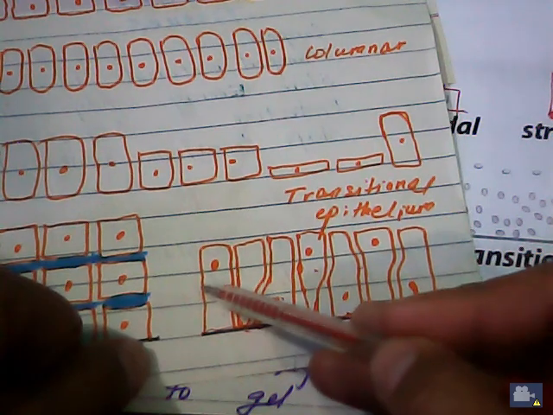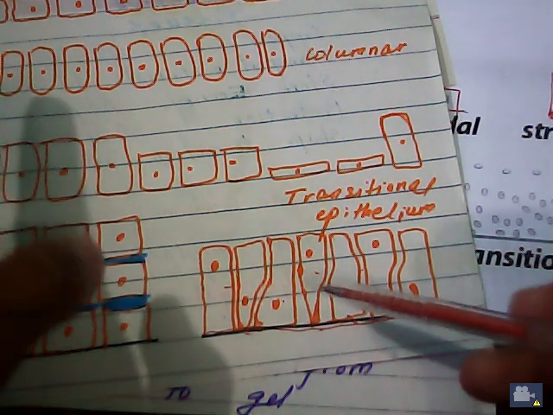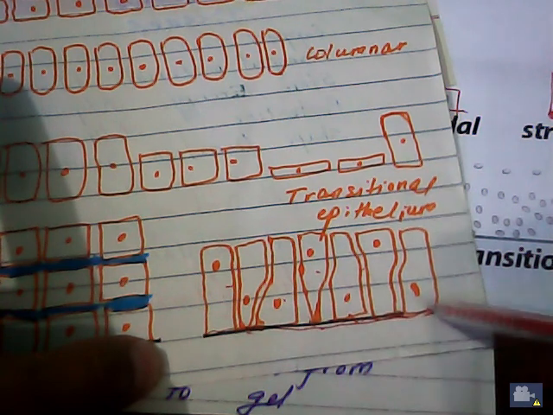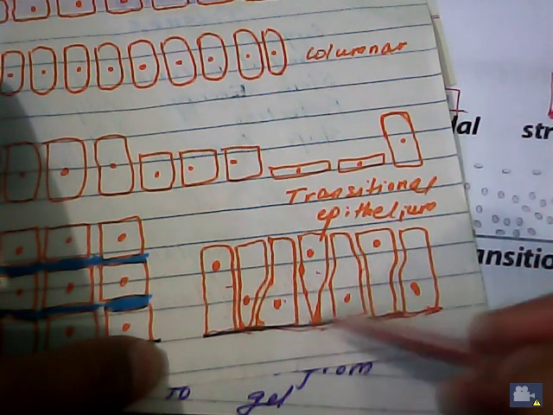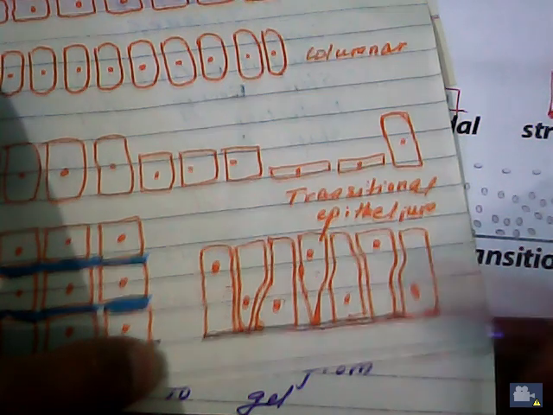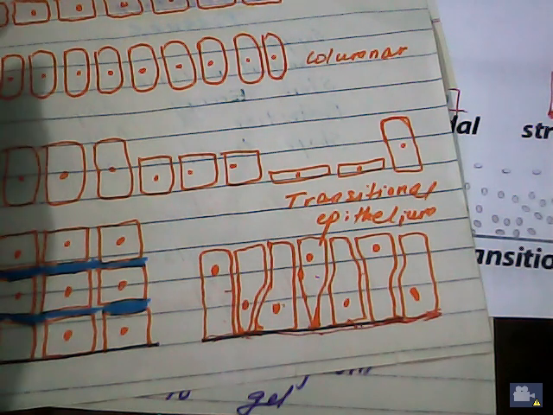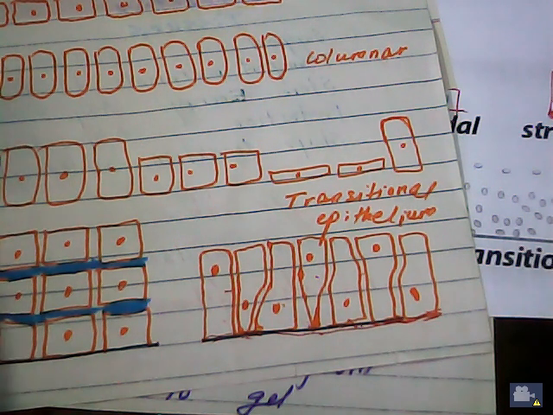It looks like they are layered above each other, but they are not truly. Every one of these cells in the tissue is individually attached to the basement membrane. So this is called pseudo-stratified columnar or cuboidal or pseudo-stratified squamous cells, as we can find in the trachea or bronchi.